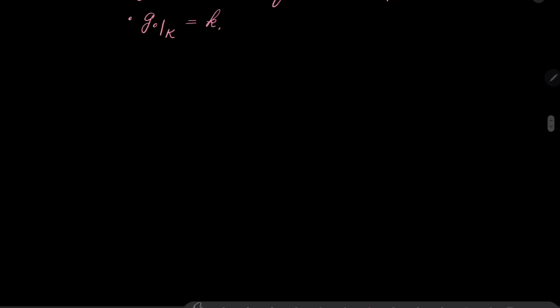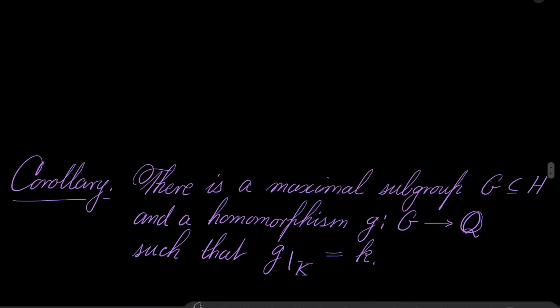But as an immediate corollary of this result, we have the following. As an application of the Kuratowski-Zorn lemma, we will deduce that there is a maximal subgroup G contained in H and a homomorphism g from G into the set of rational numbers, satisfying that g restricted to K equals k.